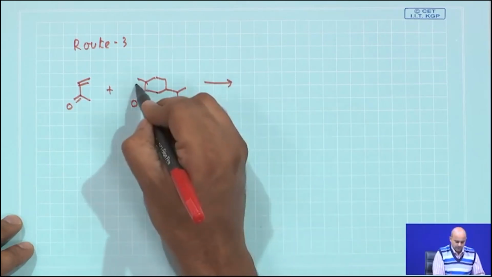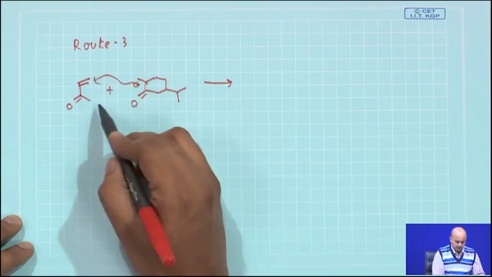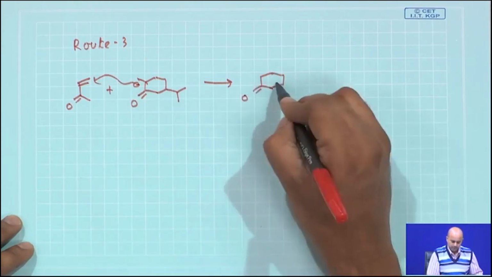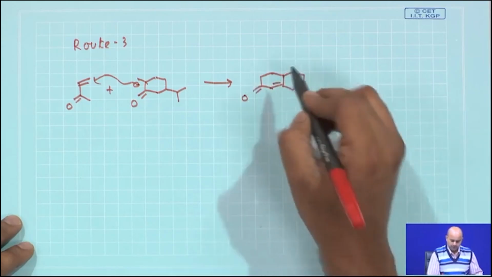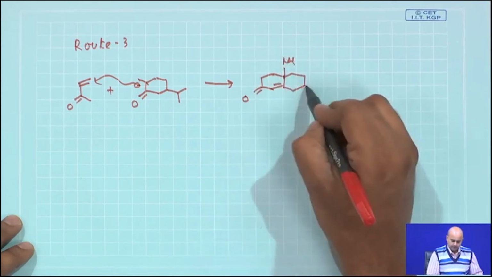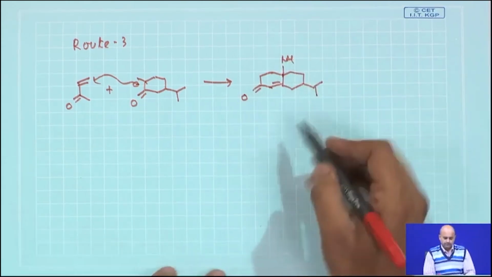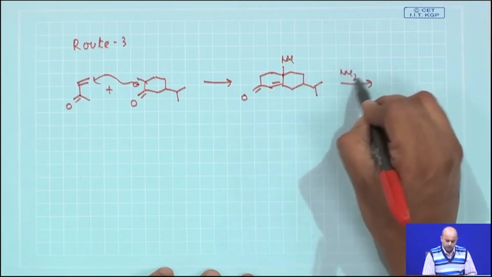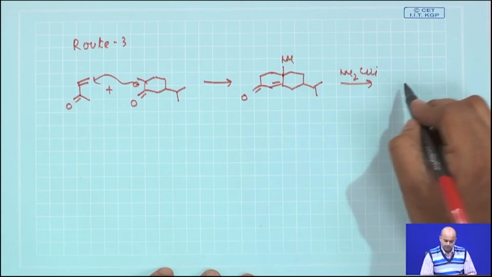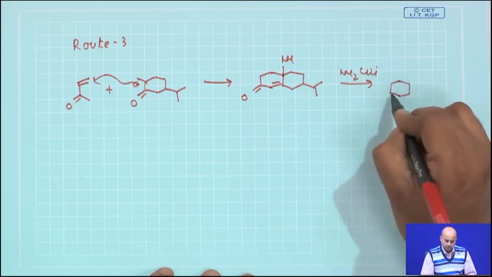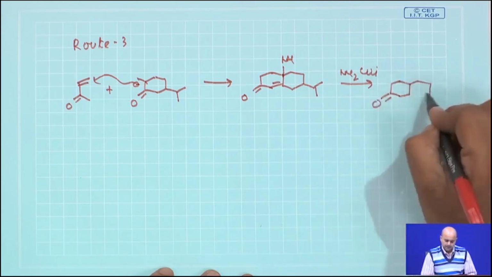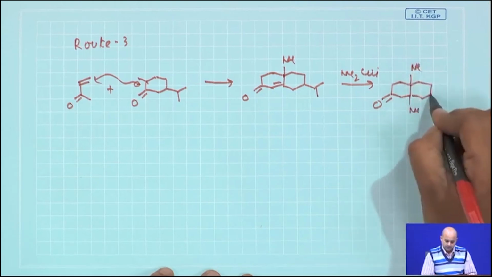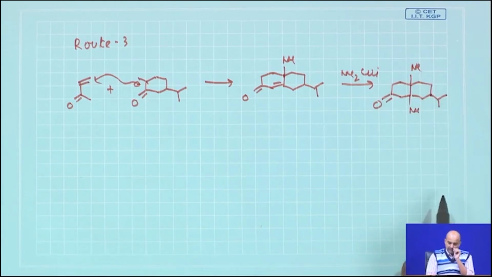Initially, your Michael followed by aldol will basically give you this bicyclic enone, right. Next you need to introduce this angular methyl, so do a Me2CuLi mediated 1,4 addition.